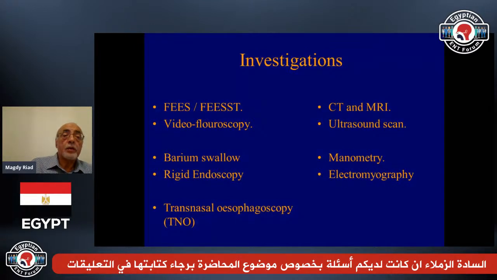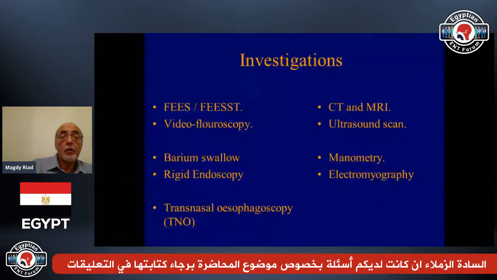But sometimes you would need to get a barium swallow, particularly for things like pharyngeal pouches, or if you suspect lower esophageal problems. Rigid endoscopy is rarely required in functional problems. If you suspect things like tumors or webs or pouches, rigid endoscopy may be resorted to at a later stage.